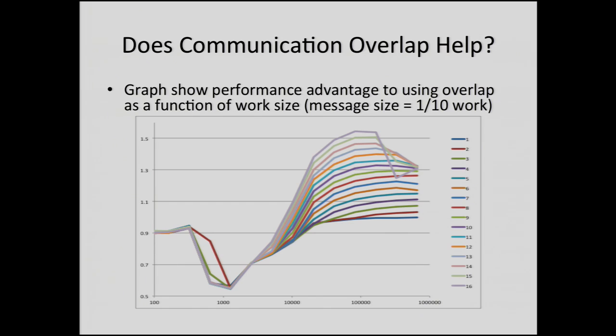Okay. Now, does communication overlap help? It's typical to write these codes, even if we use the non-blocking operations, so that you do MPI_Irecv, MPI_Isend, then Waitall. What you can do instead is Irecv, Isend, compute, and then Waitall.